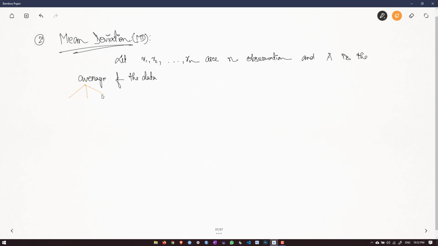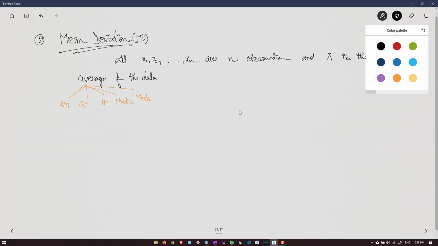This average can be either arithmetic mean, geometric mean, harmonic mean, median or mode. It can be anything. So we have n numbers and the average of those numbers is denoted by A.